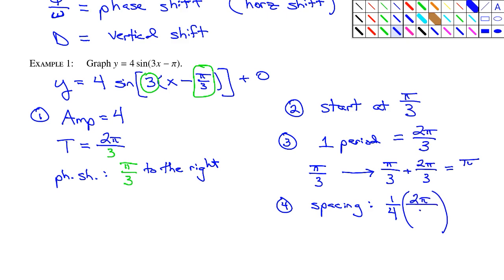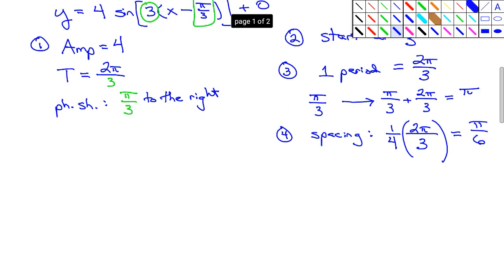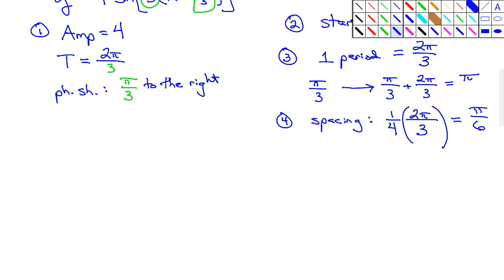Well, if we just take 1/4 of the period length, that would be 1/4 of 2 pi over 3. If you simplify that, you get pi over 6. So each of these main points, the median, the max, and all of these, they have to occur at regular intervals of pi over 6. So now I want to graph the sinusoid with this information.